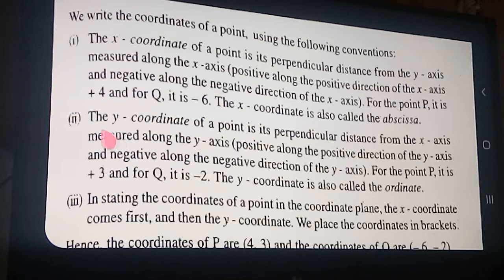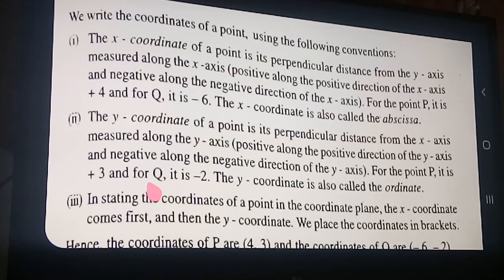Okay, now we can learn about the y-coordinate. See here: the y-coordinate of a point is the perpendicular distance from the x-axis measured along the y-axis. That we have also done now. I showed it in the previous diagram; I explained and gave it properly. For the point P, what is it? +3.